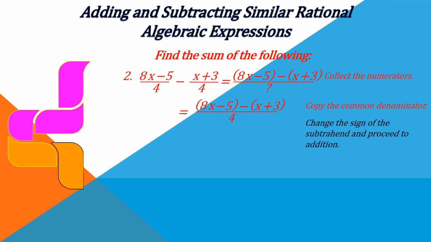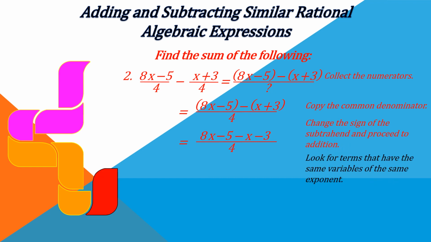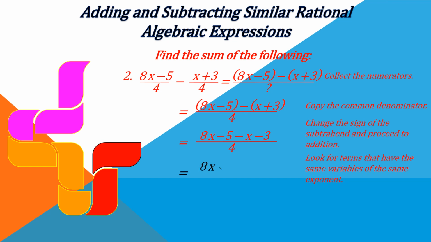It is equal to 8x minus 5 minus x minus 3 all over 4. And add the terms with the same variables of the same exponent. 8x minus x minus 5 minus 3 over 4, and the variables of the same exponent are 8x and negative x.